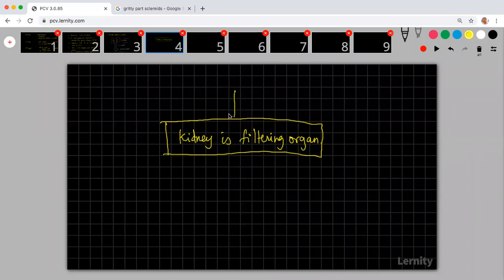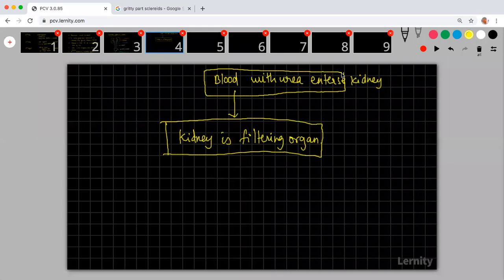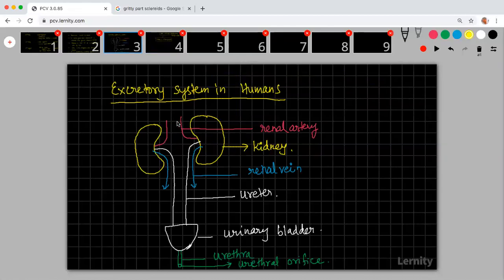So the blood has to enter. The blood with urea enters kidney through renal artery. So the blood with urea is entering into this particular renal artery.